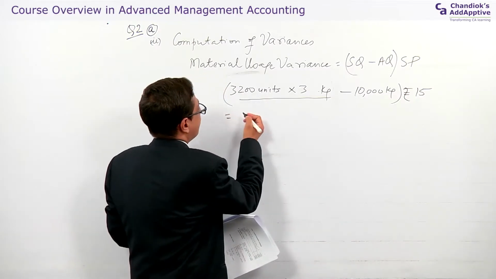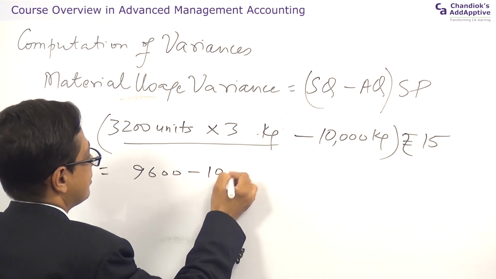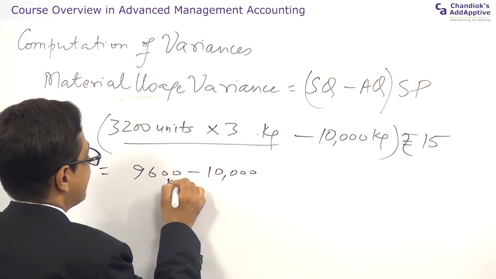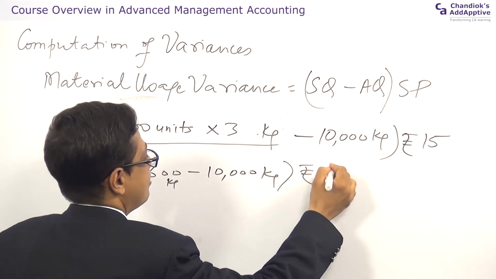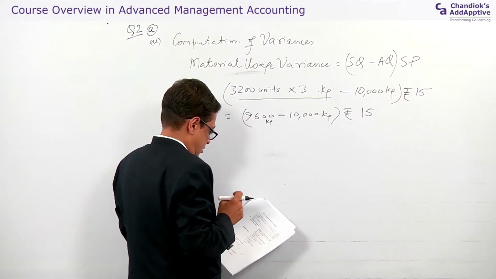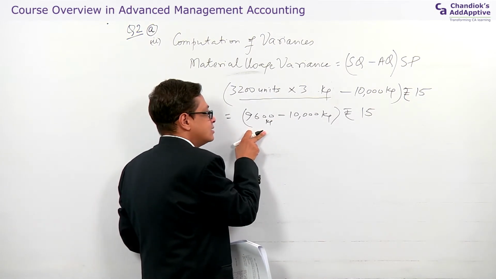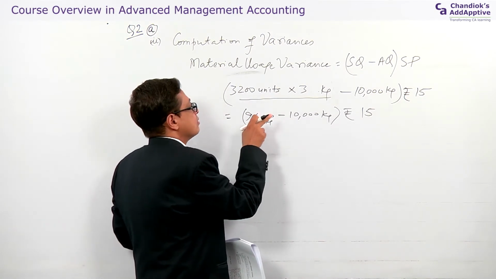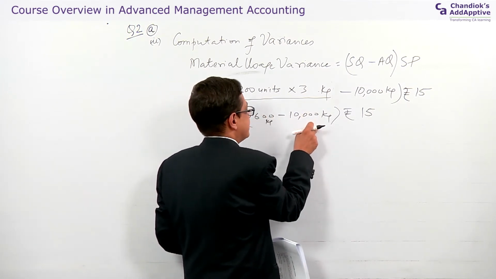So 9600 minus 10,000, both are kg, multiplied with rupees 15, what you get? You get an adverse variance. Why adverse variance? Because 9600 kg is the standard, you have exceeded by 400 kg.